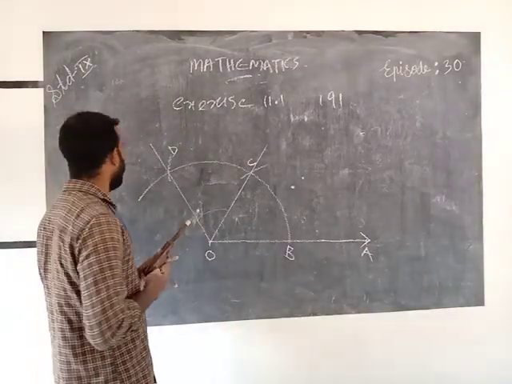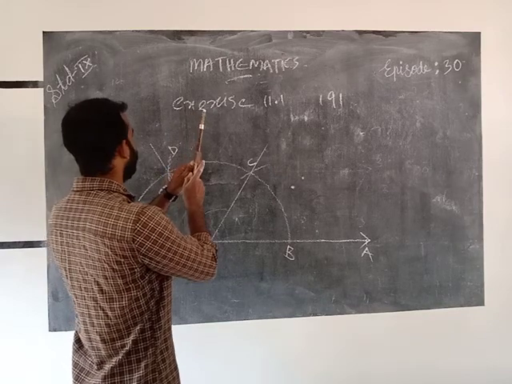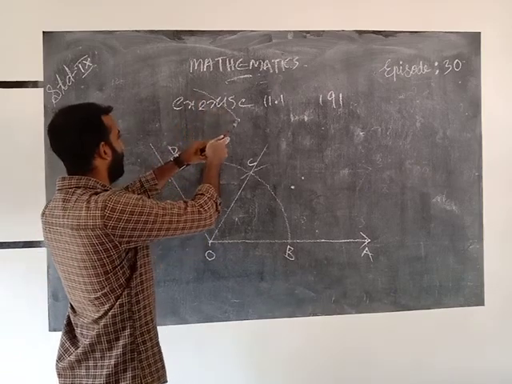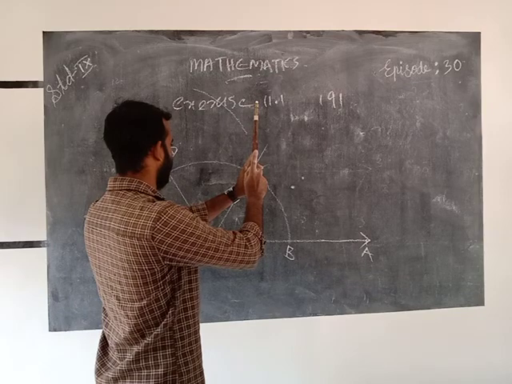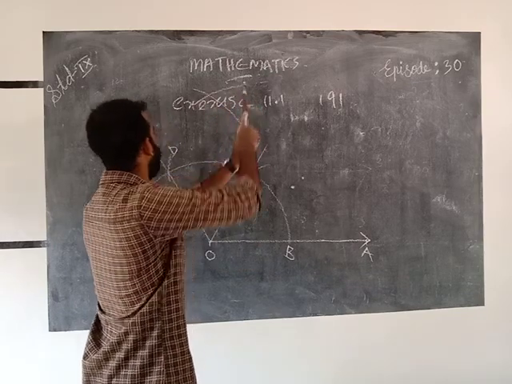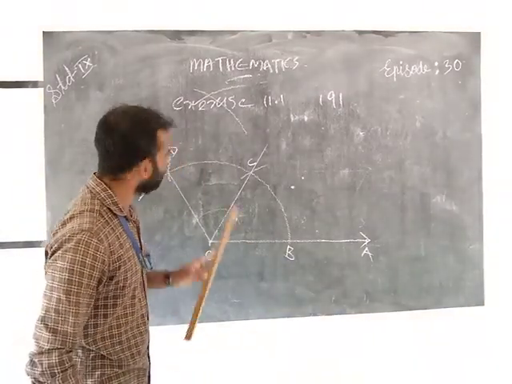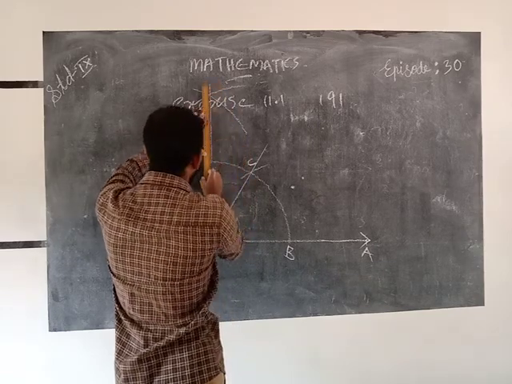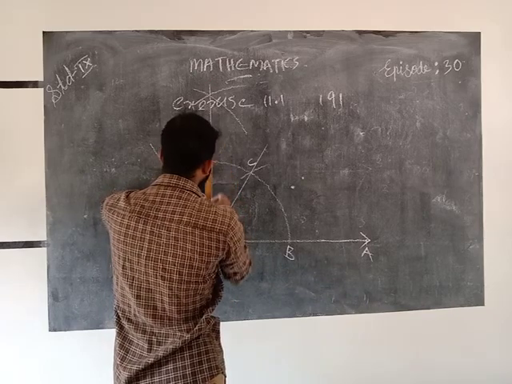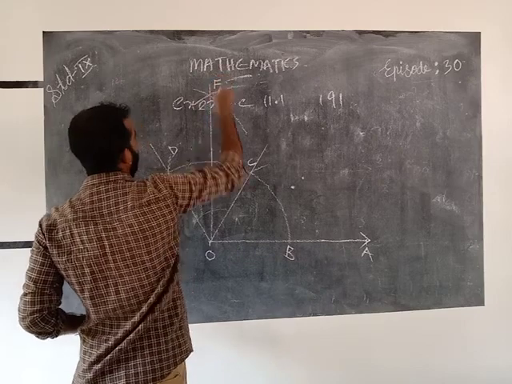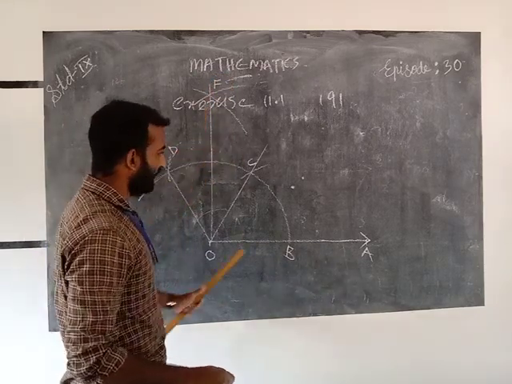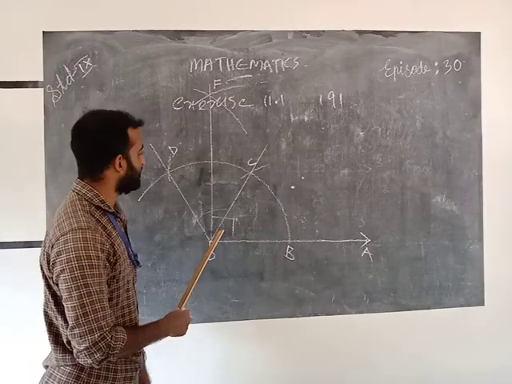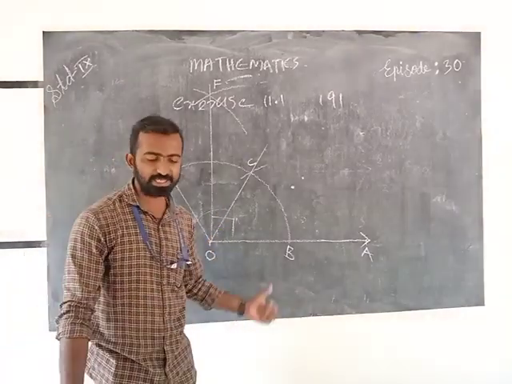We make an arc on the upper side with center C. Then we draw the line, marked as F. That is, FOA is 90 degrees. 60 plus 30, we get 90. This is the construction.